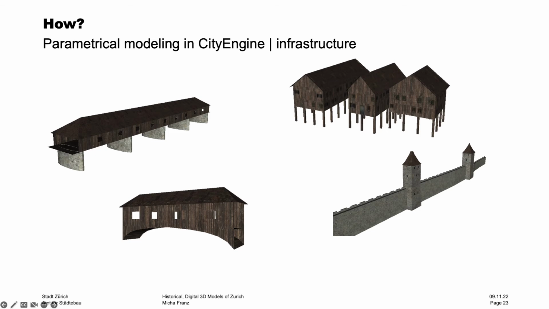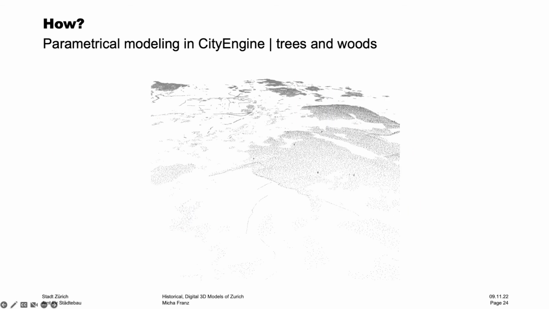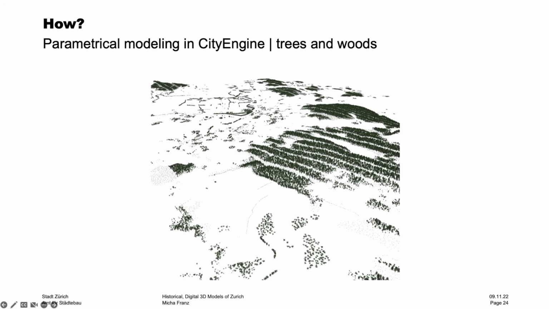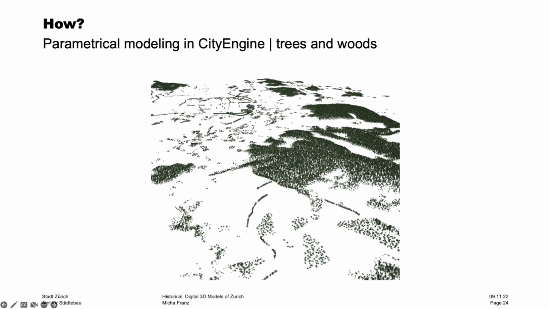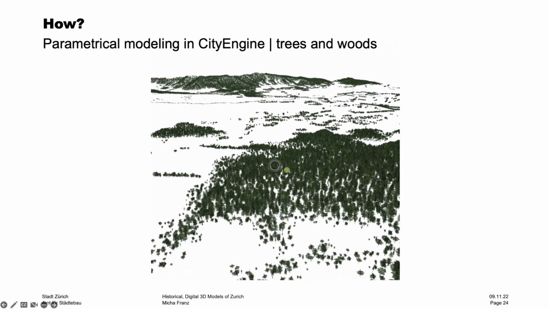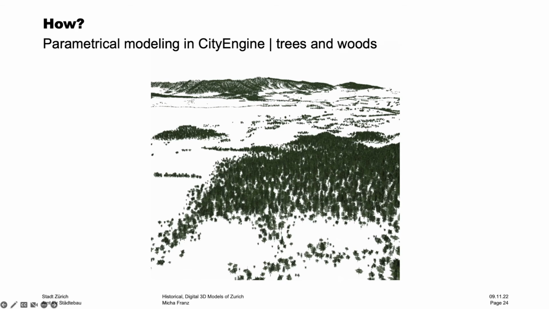And lastly, we built around 300,000 trees for our models with very little effort, and which again are easily modifiable since the input data to these trees are really just points, and the result is a pretty realistic looking forest, I would say.